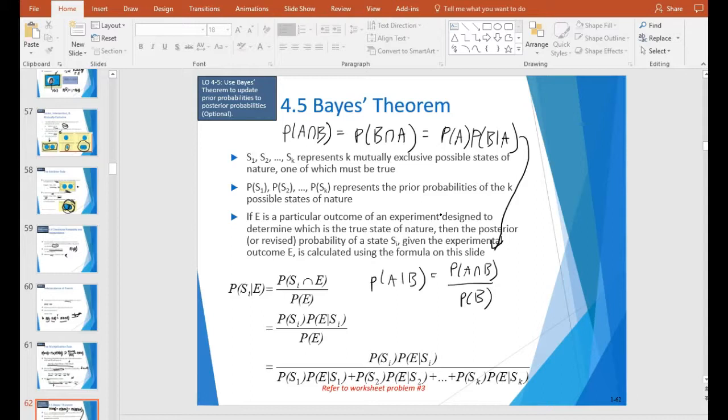All the while A is going to be S sub I and B is going to be E. So they use the multiplication rule to sub in for the top here.